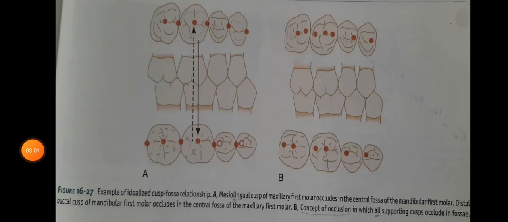This is figure 16.27, an example of idealized cusp-fossa relationship.